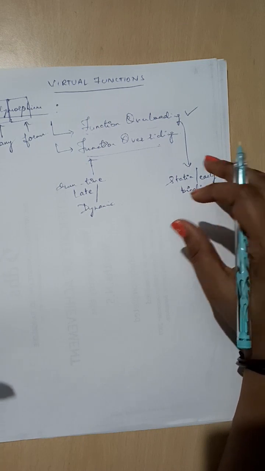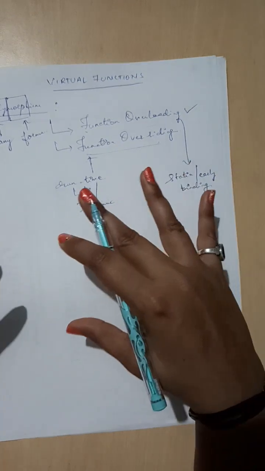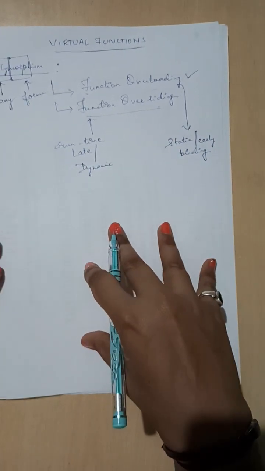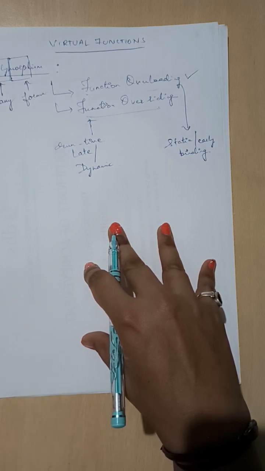suppose we define a function in a base class, and if the same function is redefined in the derived class, and with the help of the base class pointer, we try to call the derived class function, and we try to override the base class member function.